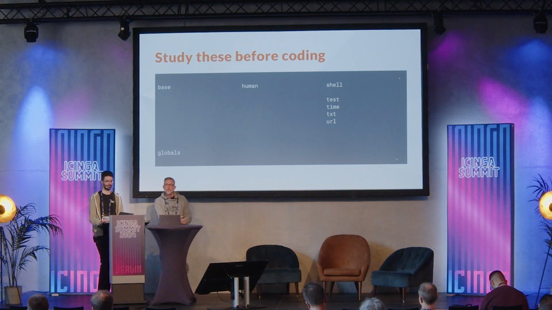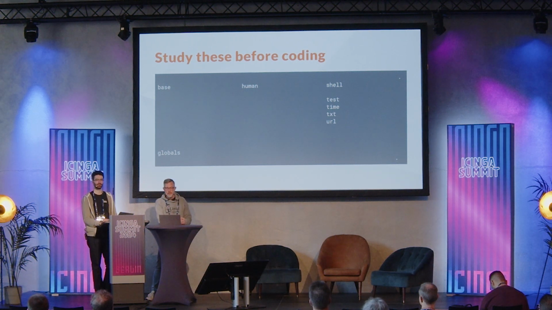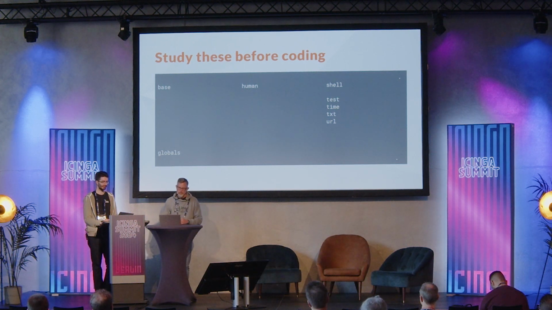Normally, before you start coding, you should at least have a look at these libs listed here. Let me go through that. The base library provides very common everyday functions when writing Nagios plugins. Globals defines the global plugin states.